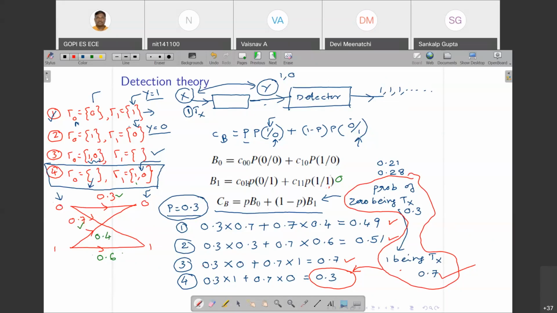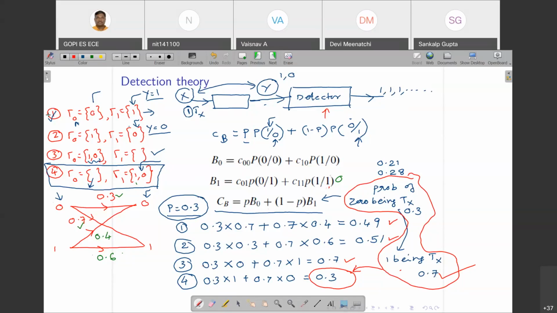So anyhow, we are going to have error in the transmission, right? But if the detector safely says that whatever is being transmitted from the transmitter is always 1, definitely you have an error, no doubt in it. But because you know that 70% of the time, what is being transmitted from the transmitter is 1, you will get comparatively less error, instead of using a rule like 1 or 2 or 3.